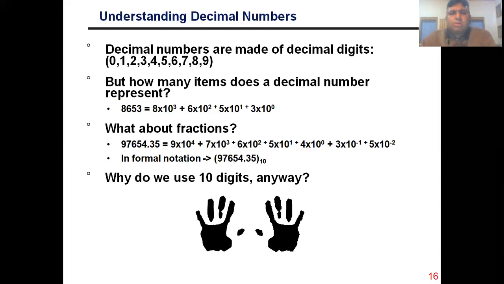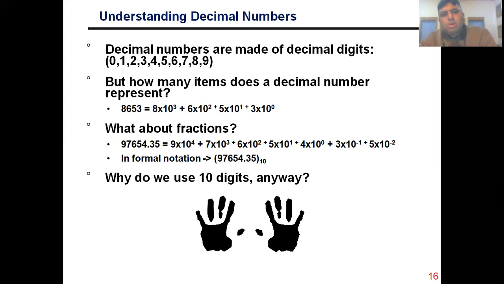Understanding decimal numbers: a decimal number has digits from 0 to 9, 10 digits. How can we break up a decimal number? 8,653 can be broken up into 8 into 10 raised to the power 3, that is 8,000, plus 600, 5 tens and 3 units.